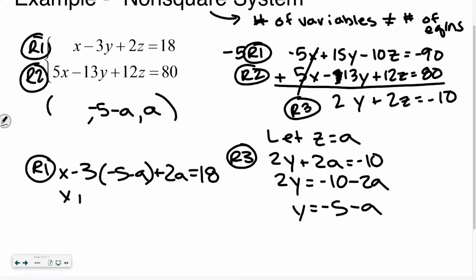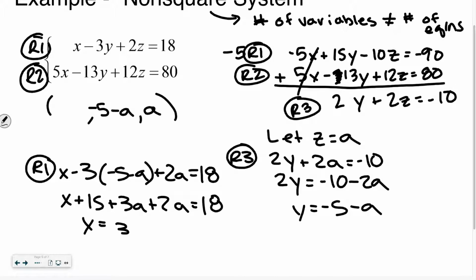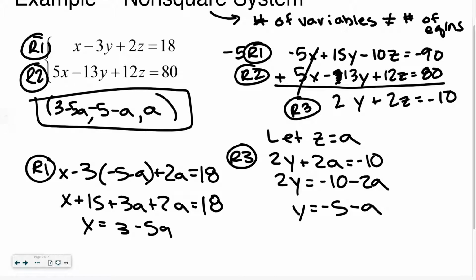So it's going to be x plus 15 plus 3a plus 2a equals 18. So if I subtract 15, I'll get 3, and if I subtract the 5a, I'll get minus 5a. And that's my solution.